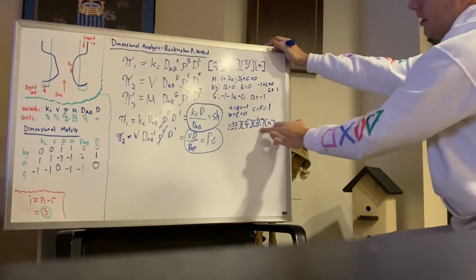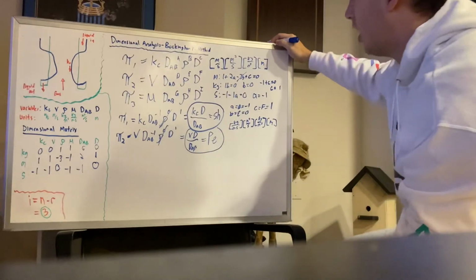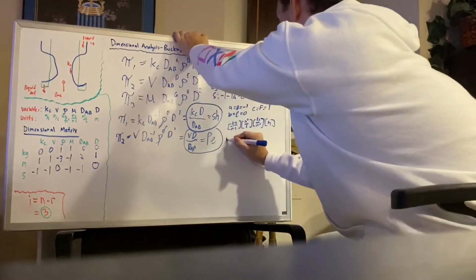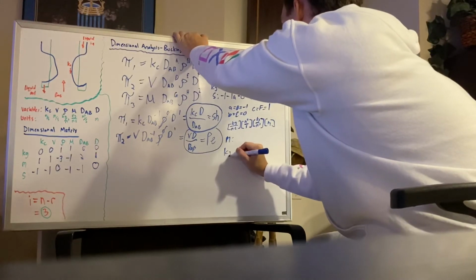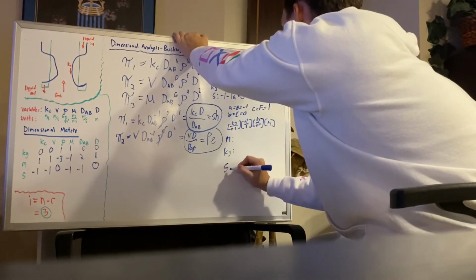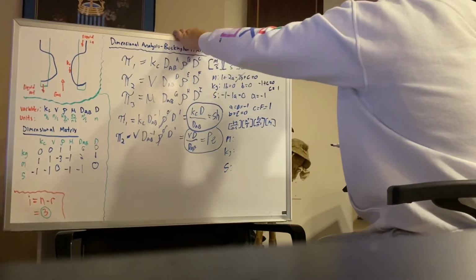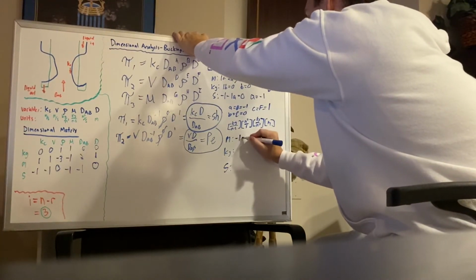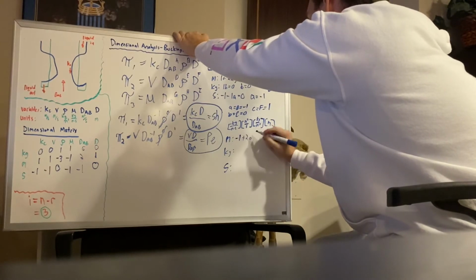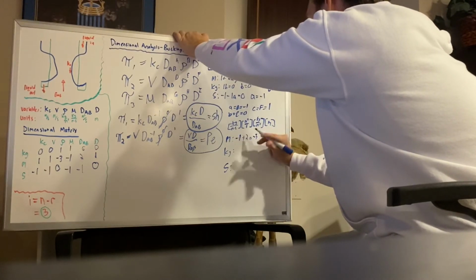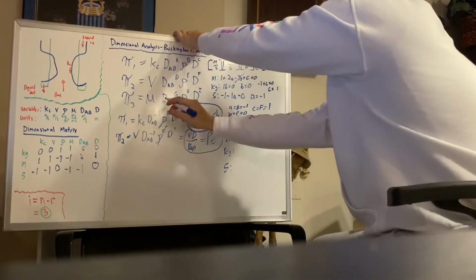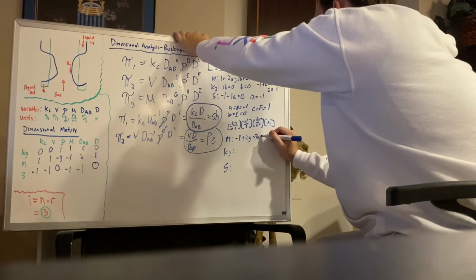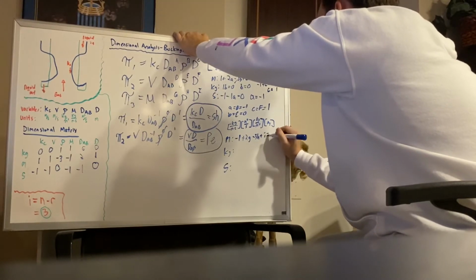And so this right here is the units that we will have for pi3. And so really we'll set up the same exact system of equations for mass, kilograms, and seconds. And for the first one it's going to be -1 plus 2g minus 3h plus i is equal to 0.